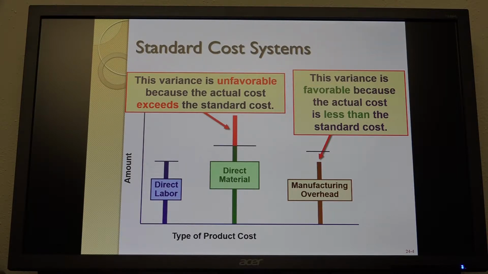The difference between actual cost and standard cost, whatever component you're talking about, total or direct labor, direct material, or manufacturing overhead, is called the variance. This variance can be either favorable or unfavorable depending on whether actual cost is more than standard cost.